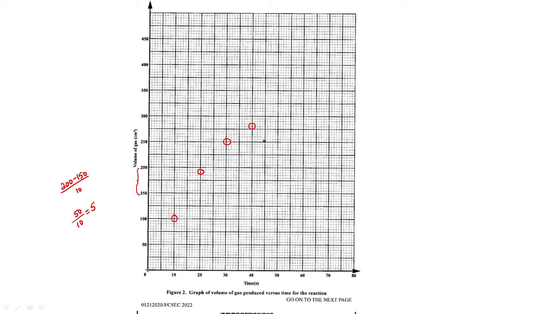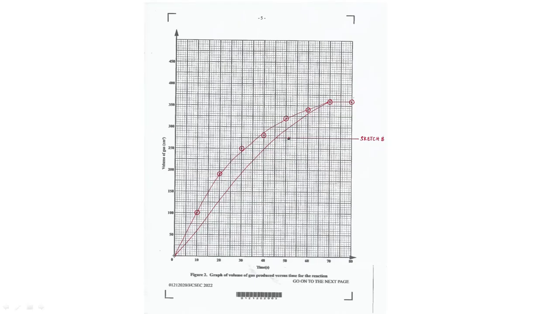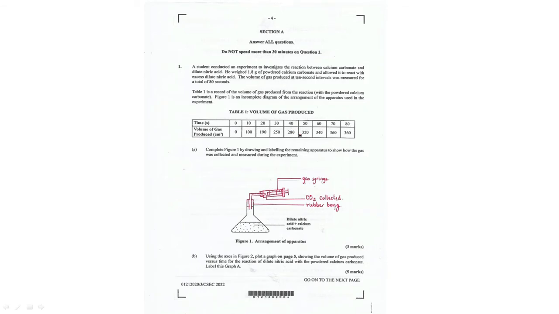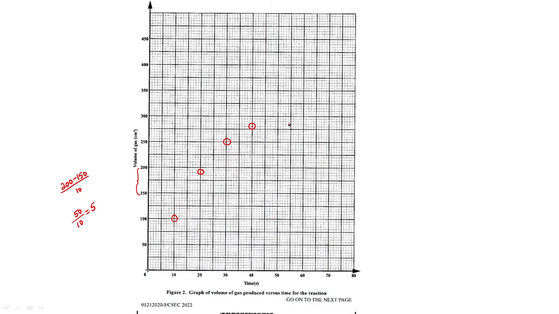And then now let's look. Oh, 280. 50 is 320. Then we have 340. So we're going here, 320.